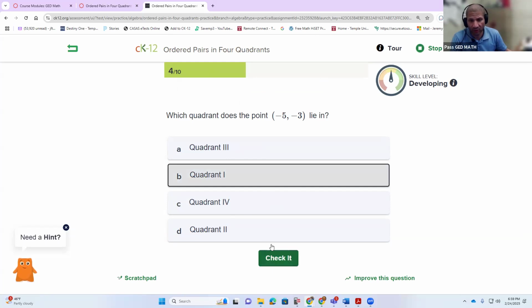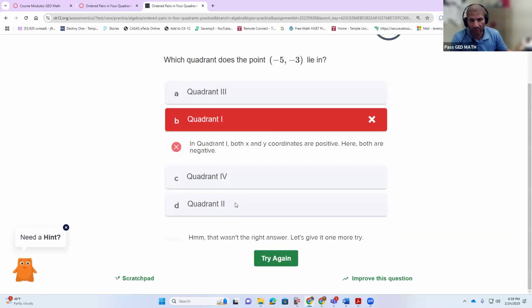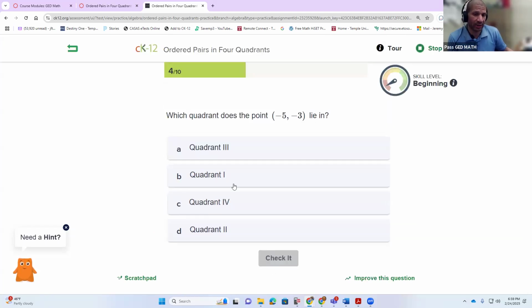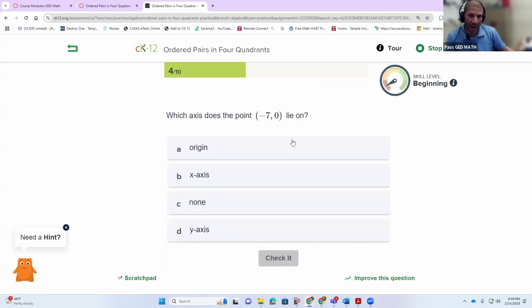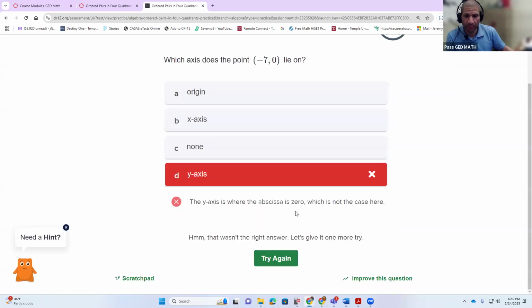That's wrong. What happens is, as you get answers correct, it increases your skill level. I want it to where they're asking you what that point is again.